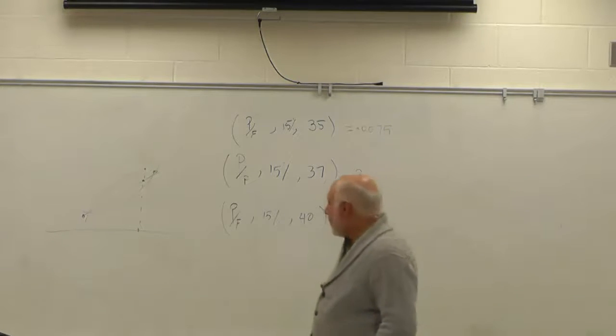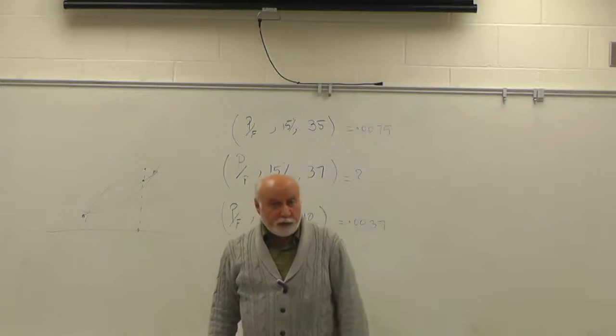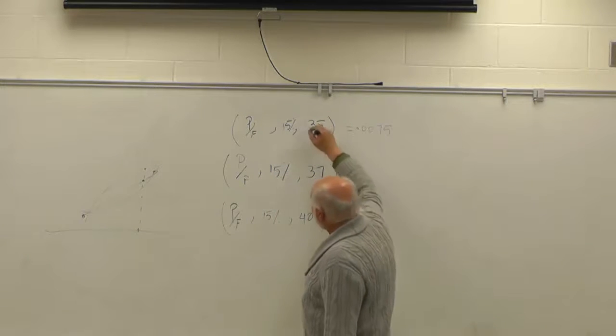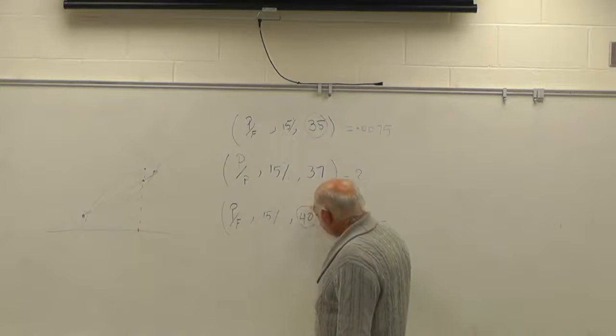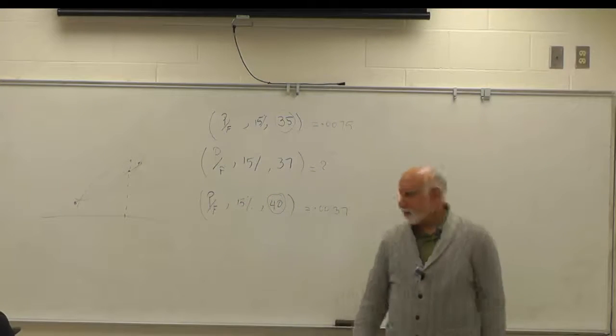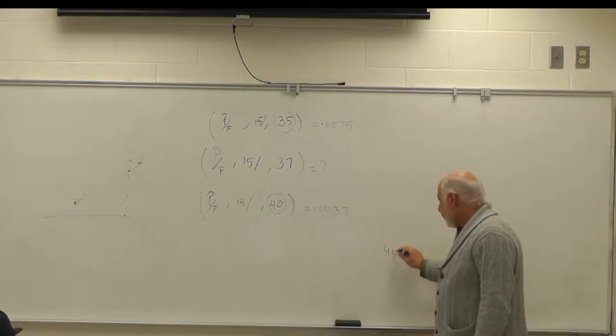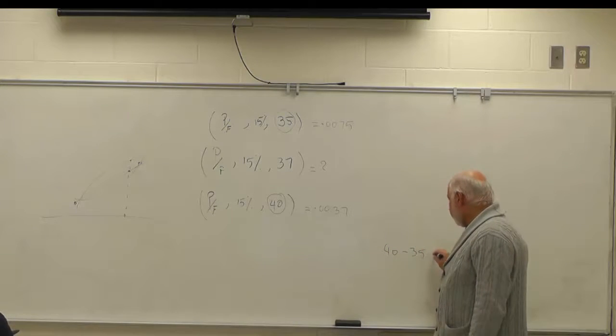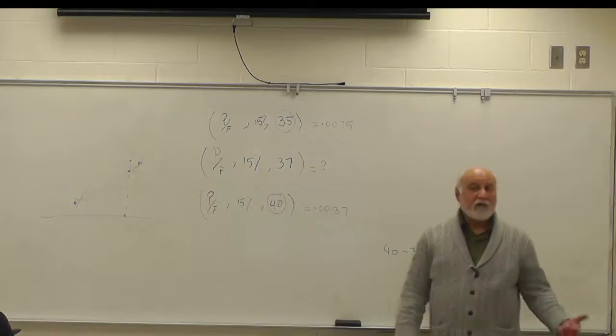What you do is look at these two numbers and see the difference between them. The difference in years, 40 minus 35, is 5 years.